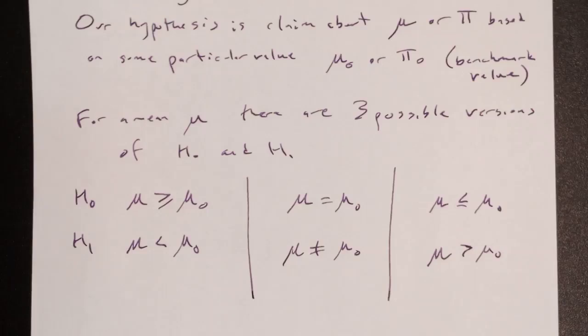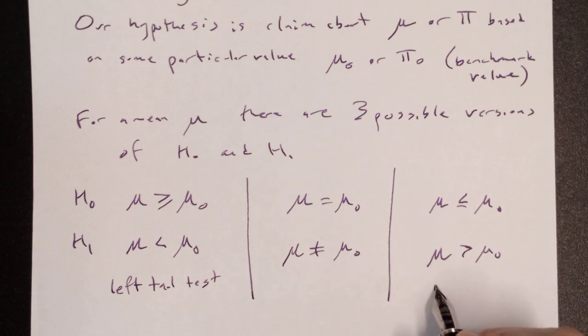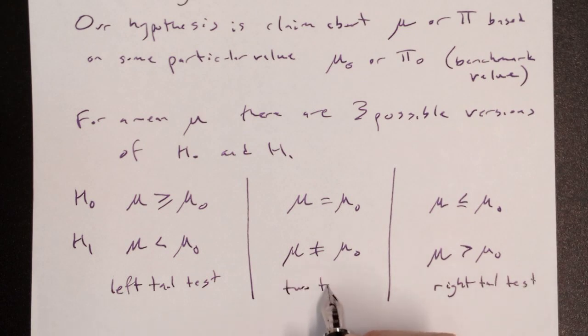I'm going to call these by the alternate. This is called a left tail test. This is called a right tail test. And this one is called a two-tail test.